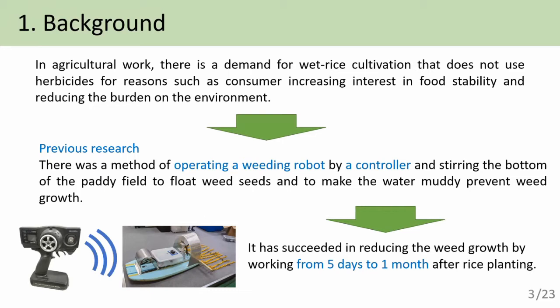In agriculture, weeding methods that do not use herbicide are attracting attention. In previous research, there was a method of operating a weeding robot with a controller to weed. As a result, it succeeded in reducing weed growth by weeding from 5 days to 1 month after rice planting.